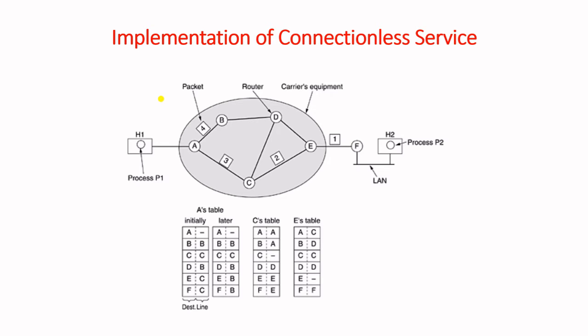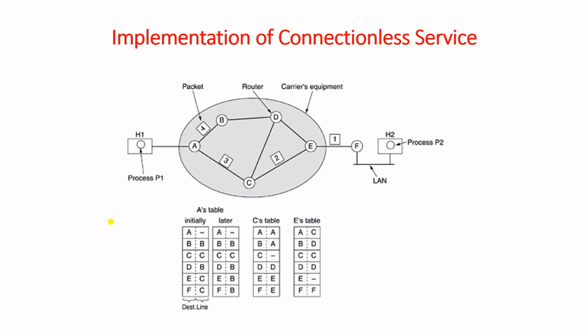For going to C it will use C, for going to D it will use B. A to E, the next node will be C, and A to F, the next node will be C. This is one situation of A's table.